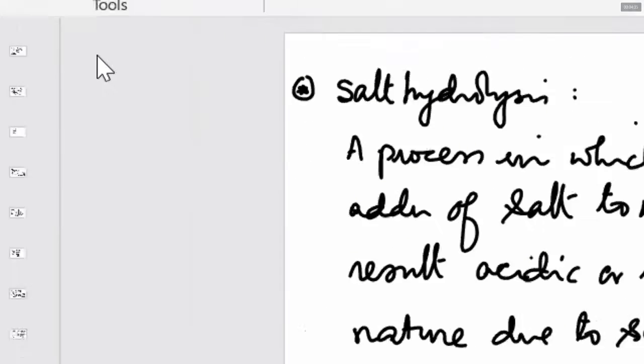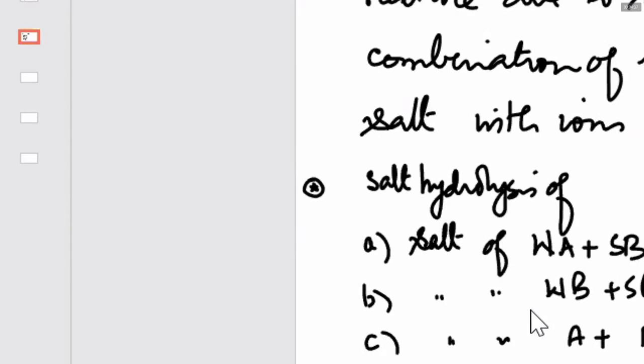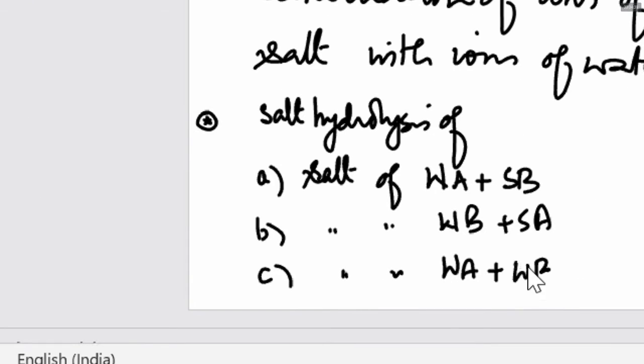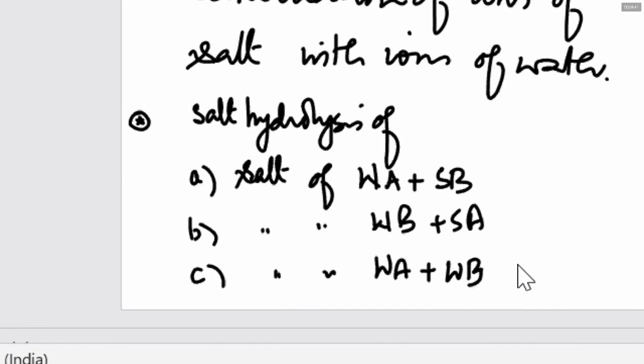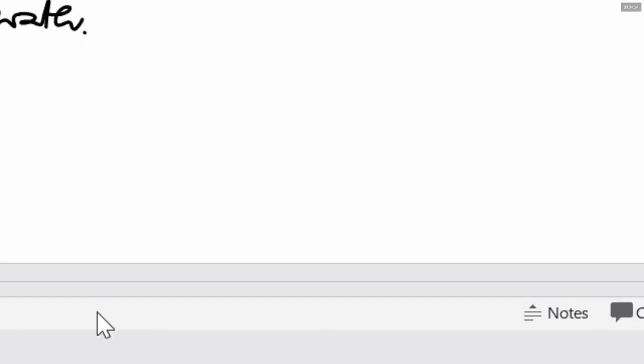And salt of weak acid and weak base. There are only 3 types of hydrolysis. Remember that, the 4th type does not exist. Some books say that there are 4 types of salt hydrolysis. It is wrong. We have only 3 types of salt hydrolysis.